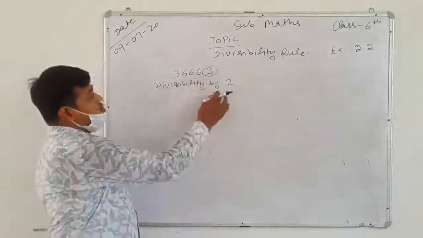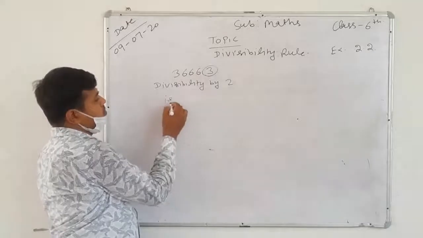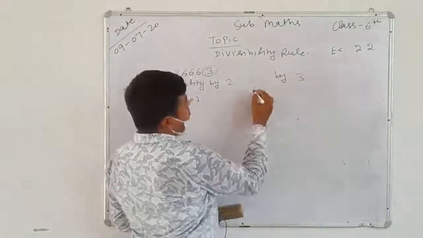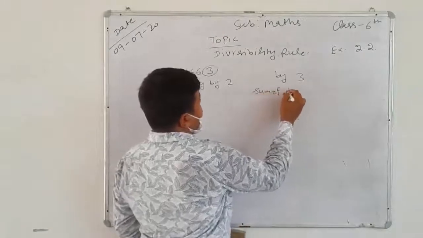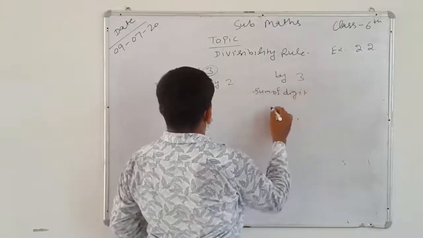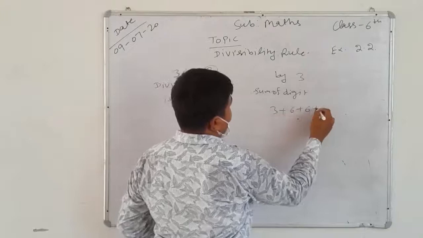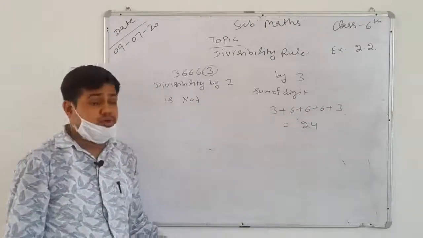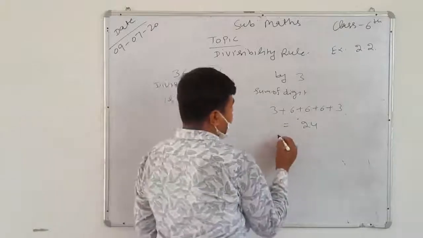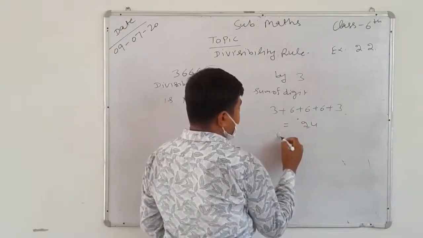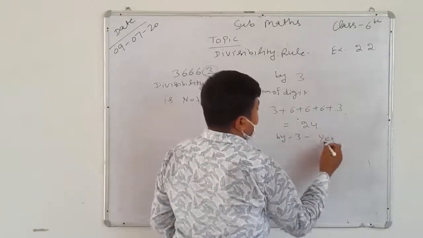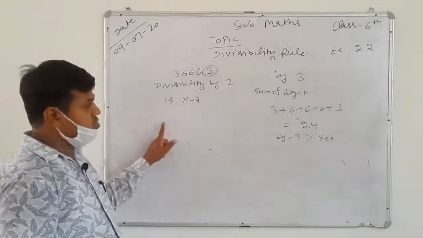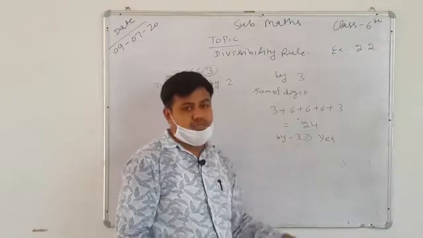Here it is 3, so divisibility by 2 is not there. By 3, sum of digits: 3 plus 6 plus 6 plus 3 gives 24. We know that 24 is divisible by 3. So by 3, yes. By 2, not divisible. By 3, divisible.